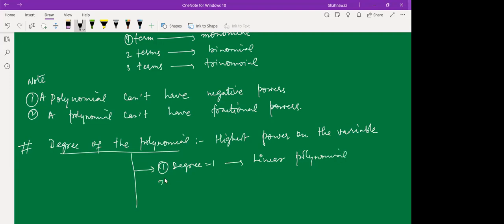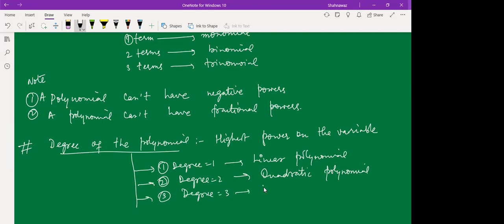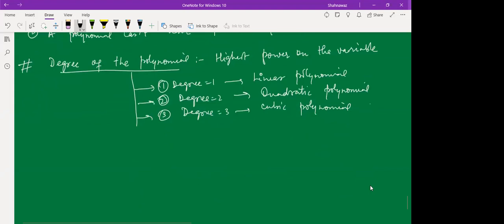If we have degree 2, this is called quadratic. And if we have degree 3, this is called a cubic polynomial, right? So this part we did in the previous class.